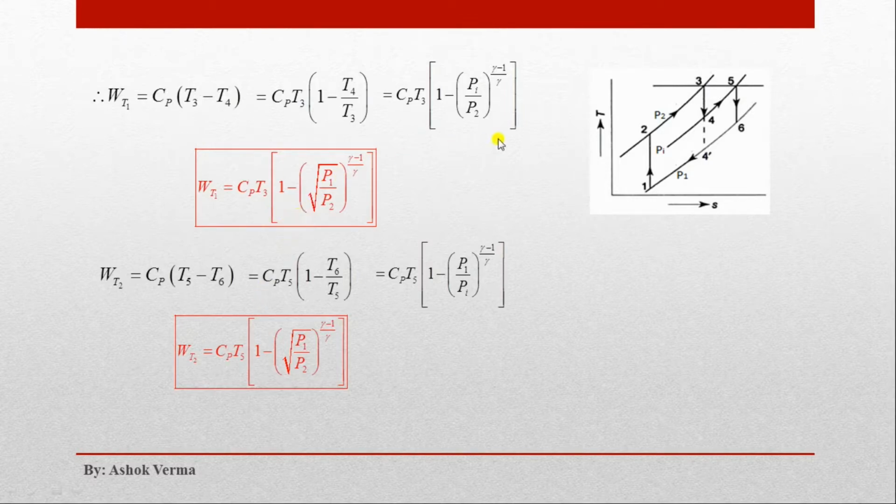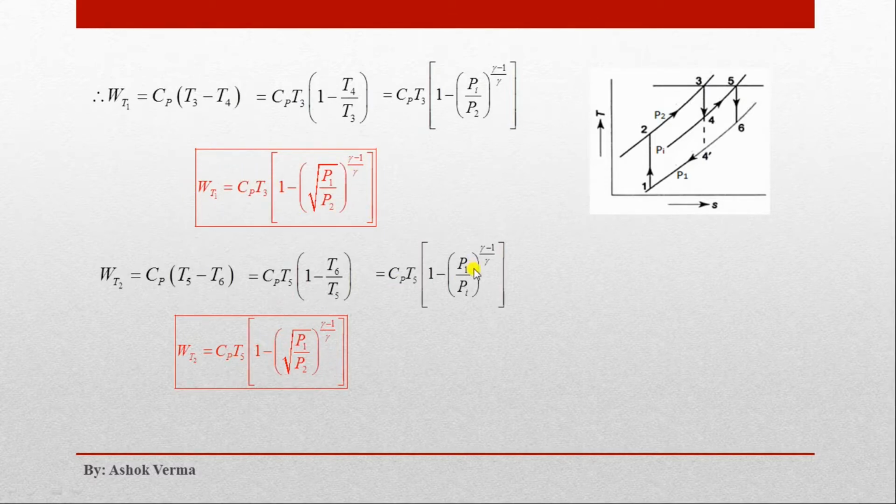and since this is perfect reheating, T3 equals T5. Here you can get, for perfect reheating, T3 equal to T5. So if you put T5 as T3 in this equation, then you will get Wt1 equal to Wt2, because this term is the same as this term.